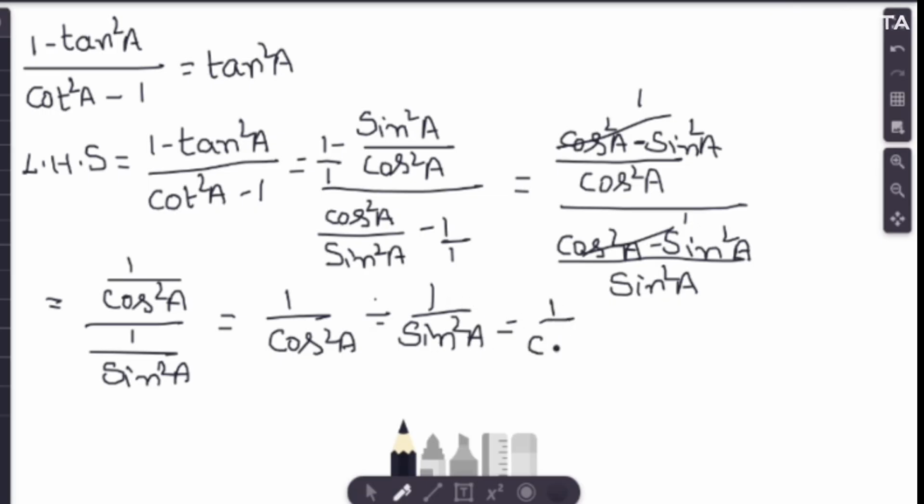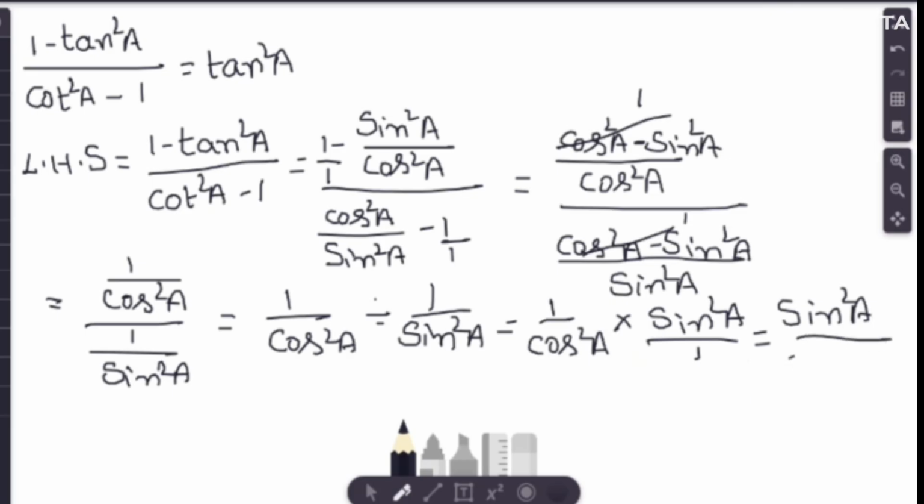Whenever we are doing rational number division, if the division symbol is there, it will become multiplication and write the reciprocal of this. So sine square A by 1, 1 into sine square A, sine square A, cos square A into 1, cos square A. We know that sine square A by cos square A means tan square A, which is equal to RHS, hence proved.